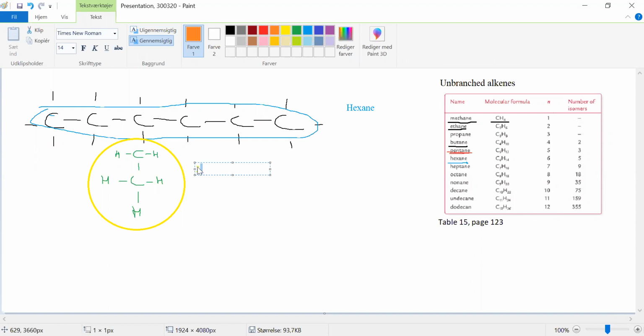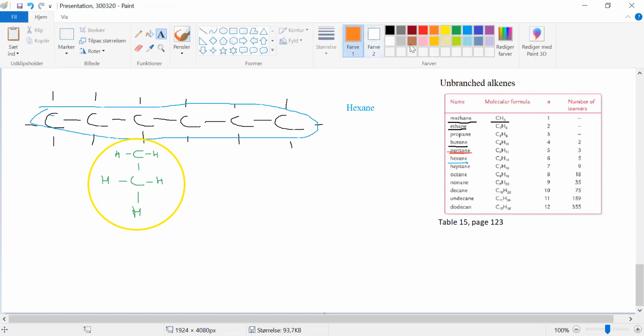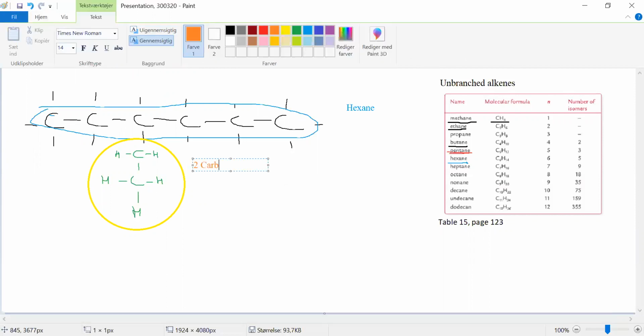There are 2 carbons now in a single side chain or alkyl group.